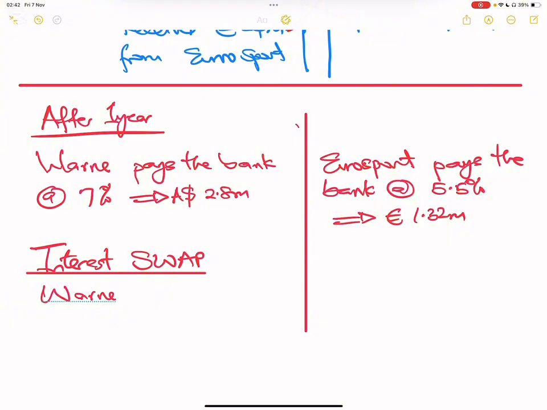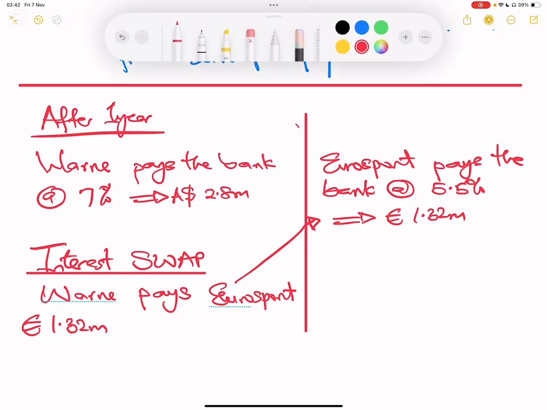So one pays Eurospot just 1.32 million euros. So that's a refund for this. Yeah, let me use a different color. That's a refund.